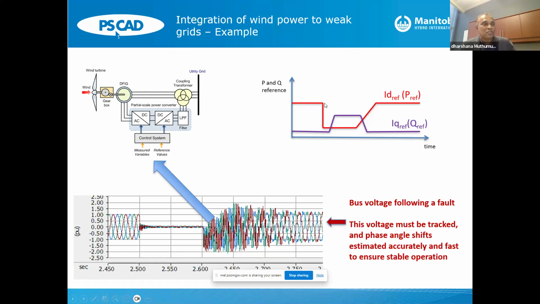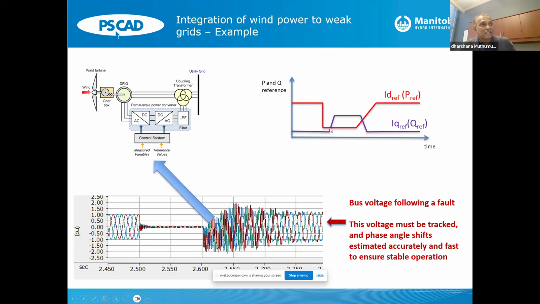During faults, when you have a fault or a low voltage ride-through kind of situation, it's very common for the inverter controls to take over and drop the P reference. You don't want to push P, you slowly ramp it up, or you ramp it up after the voltage has recovered. So you drop P, and in order to support the voltage recovery, you might increase your IQ or reactive current injection.